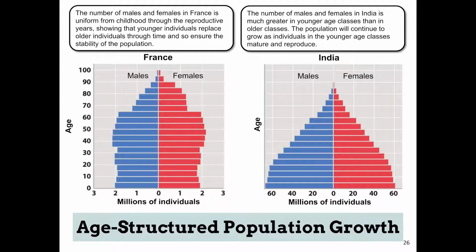Therefore, it's useful to take into account individuals that have differing reproductive capacities, which more likely than not really depend on differences in age. So ecologists can set up this age structure diagram of a population to show the number of individuals within each age group of a population.